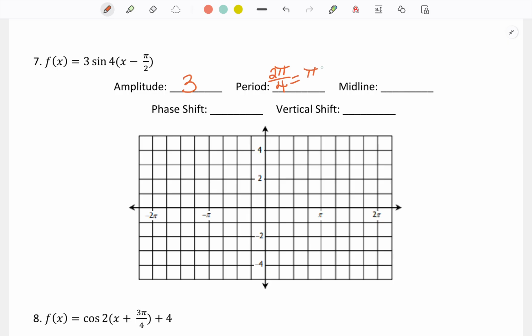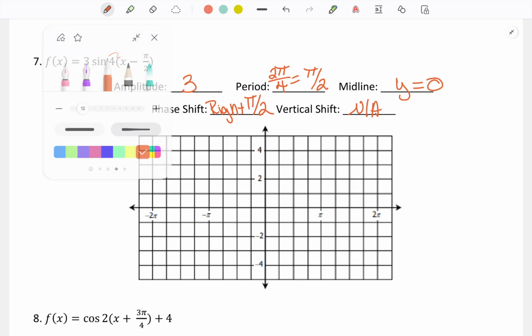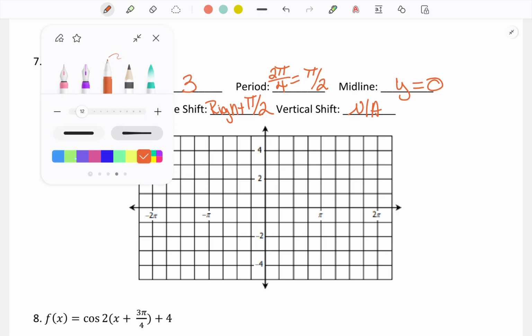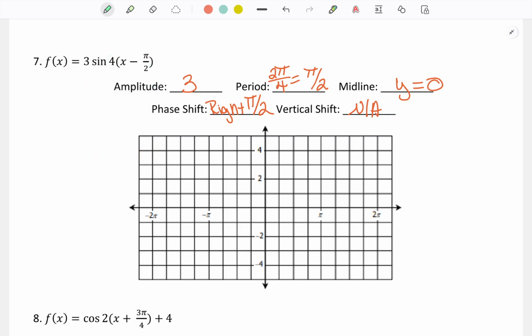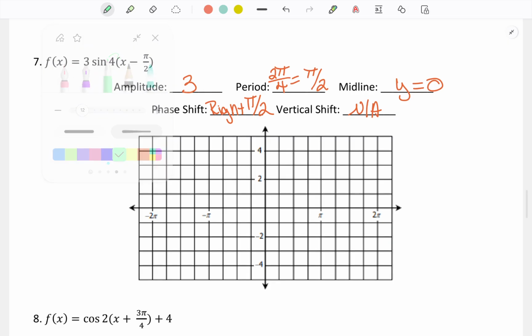So we have a period of pi over 2 again. Our midline is going to be y equals 0 because we have no vertical shift. But we do have a phase shift where we are sent to the right, pi over 2. And again, that vertical shift is something that doesn't apply this time.